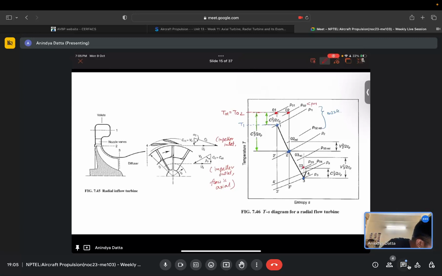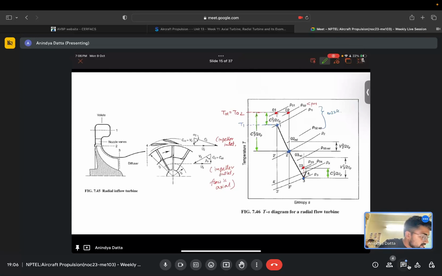So this is our 03, and this is P03 here. Since there is work output, the stagnation pressure is dropping from P02 to P03. If you look at the velocities, this is C3 squared by 2Cp. You see that C3 is now less than C2, that is, our absolute velocity has decreased.